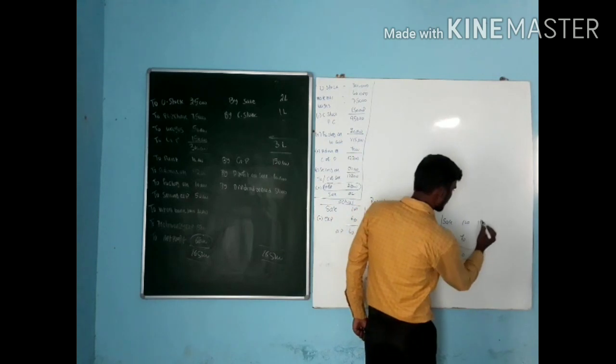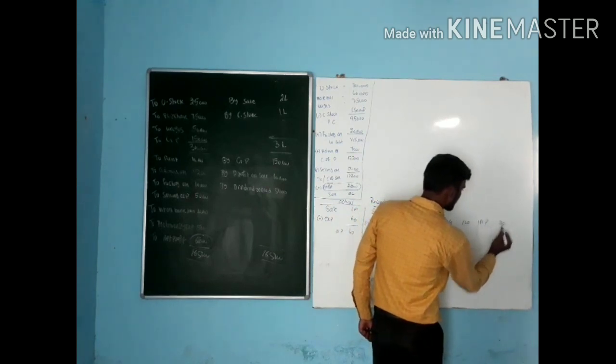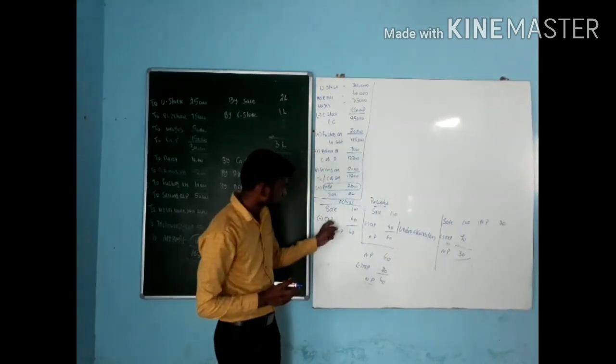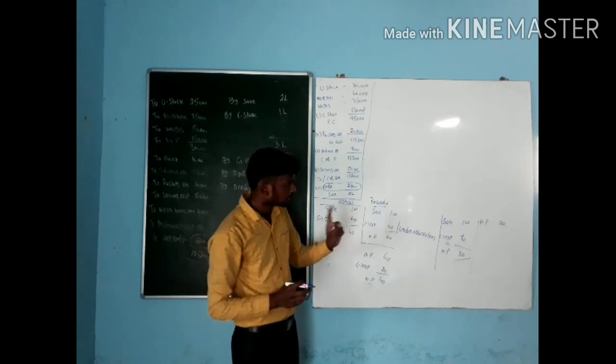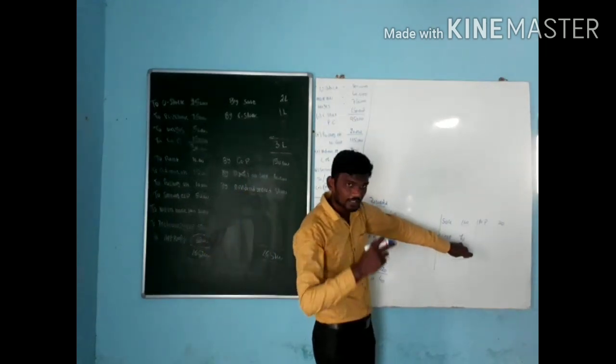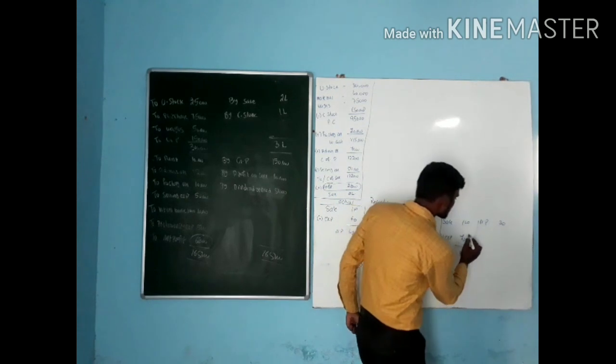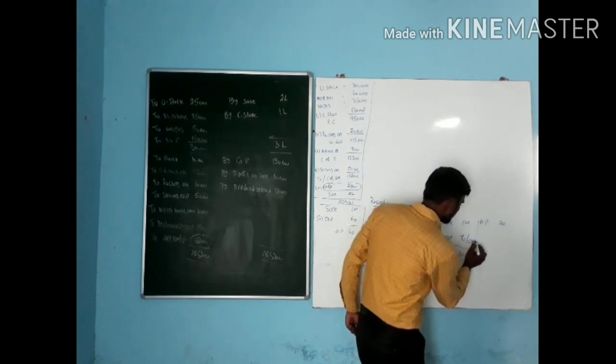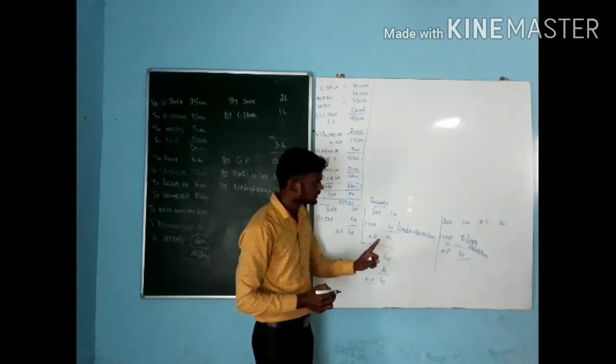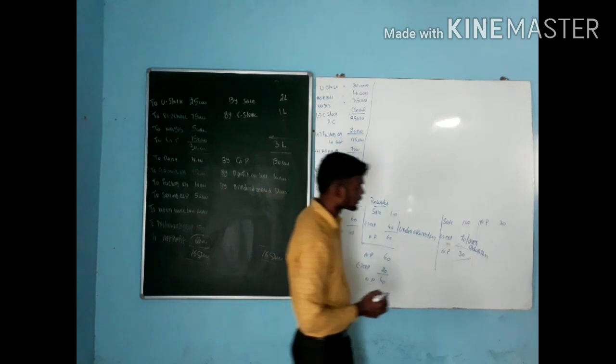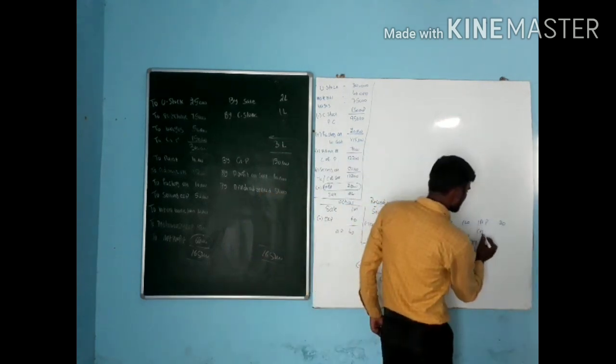Take the first one. Net profit is 30. Actual expense is 60 rupees, but in my books of account I recorded 70 rupees. That is over absorption. When it comes to this, expenses are shown at a higher amount. So the remaining 10 rupees I need to add.